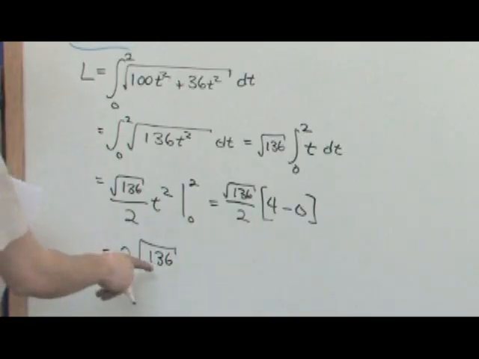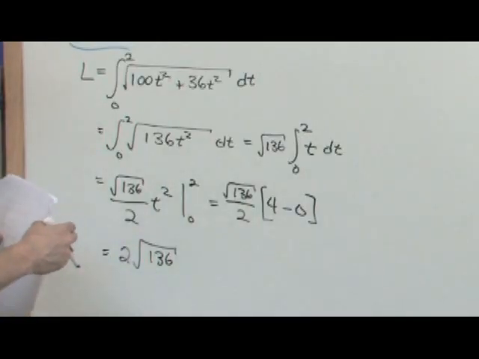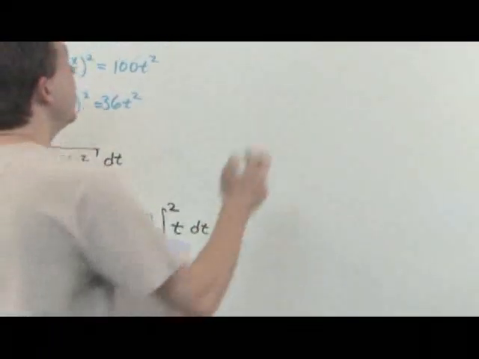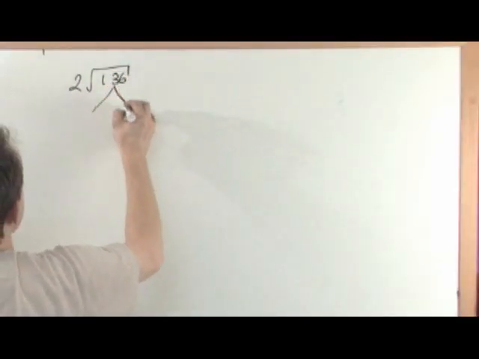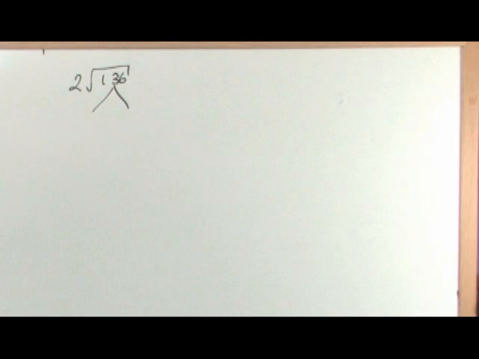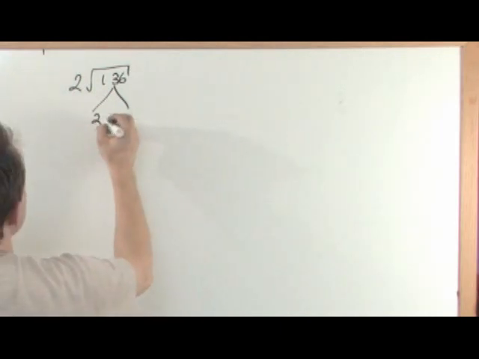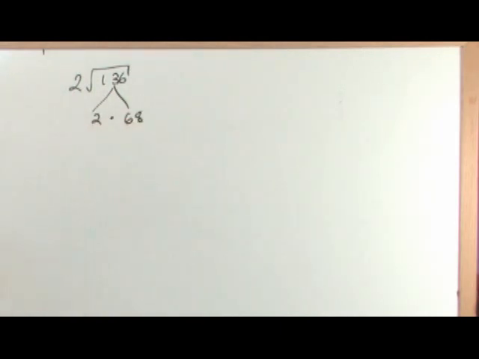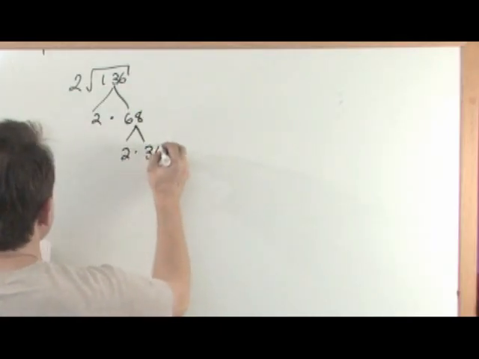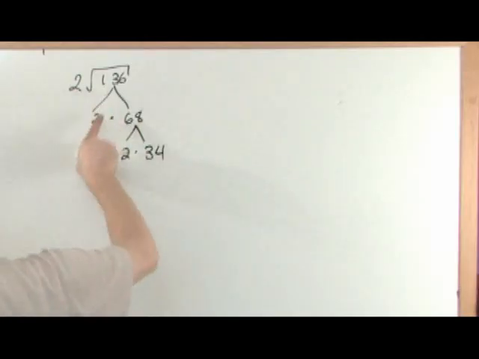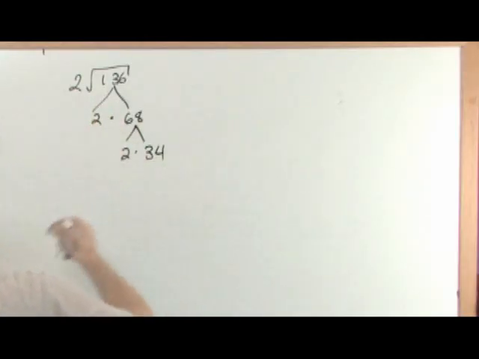So let's see if we can simplify this any further. 2 times the square root of 136. What times what will give me 136? Well, 2 times 68 gives you 136, and then 68 is 2 times 34. So this radical is 2 times 2 times 34.